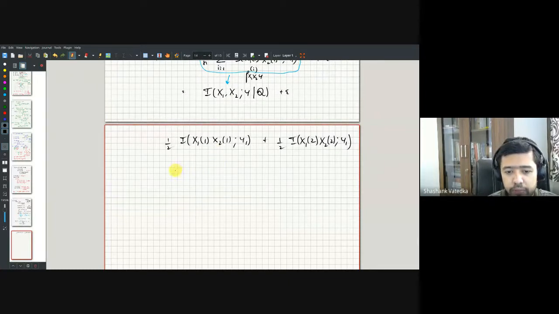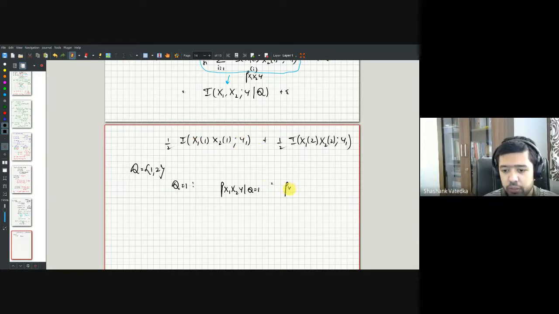The way to do it is simple. You look at Q to be either 1 or 2. When Q equals 1, then P of X1, X2, Y given Q equal to 1 essentially corresponds to the PMF which gives you this.